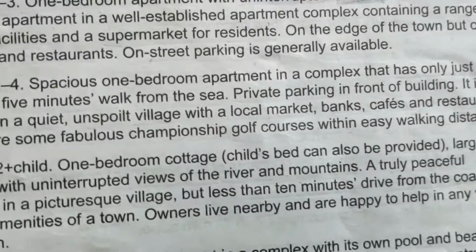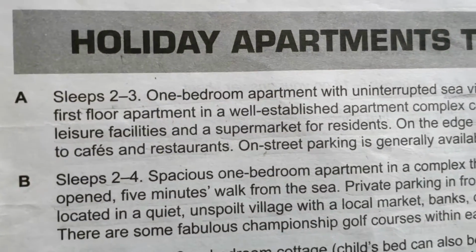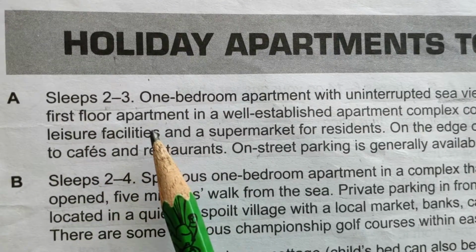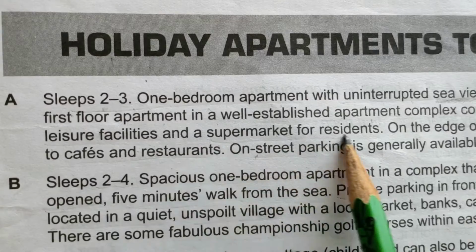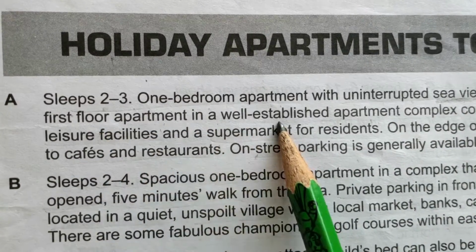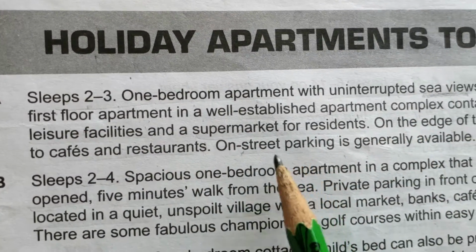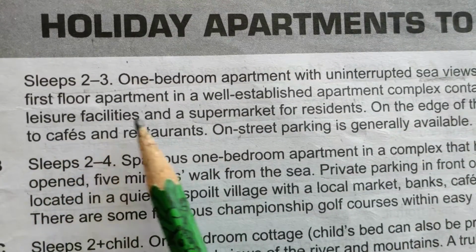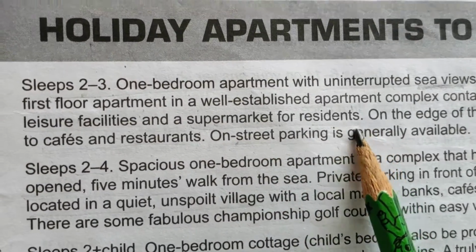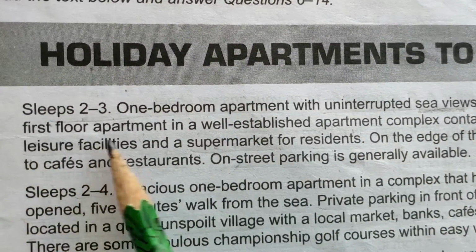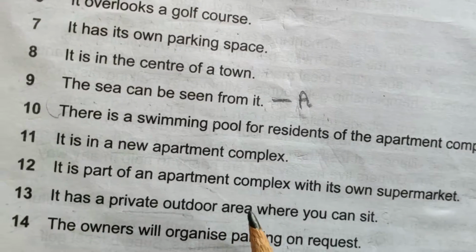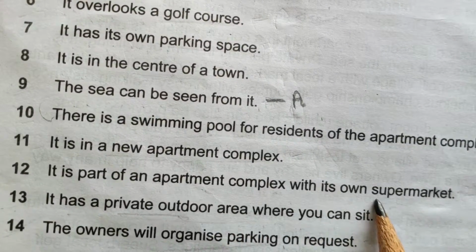Okay, let's move on to the paragraph again. Small first floor apartment, well established apartment complex containing a range of leisure facilities and supermarket for residents. In one option they were talking about a supermarket.